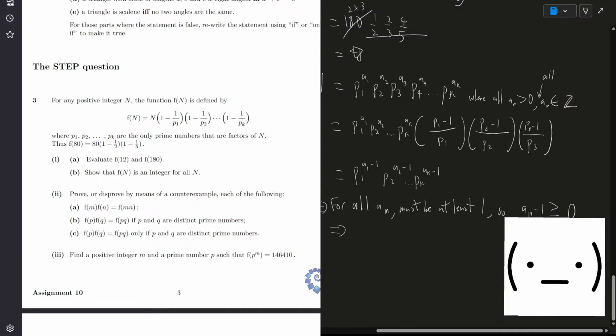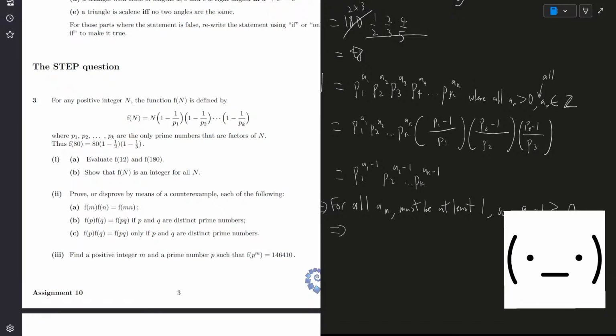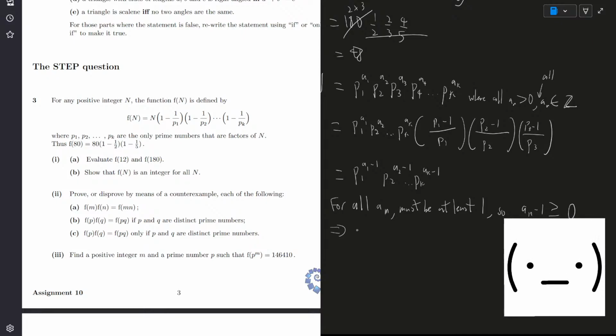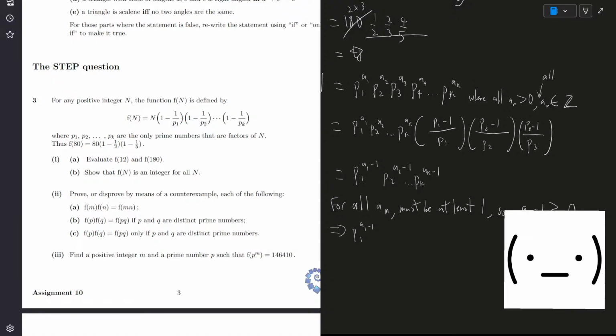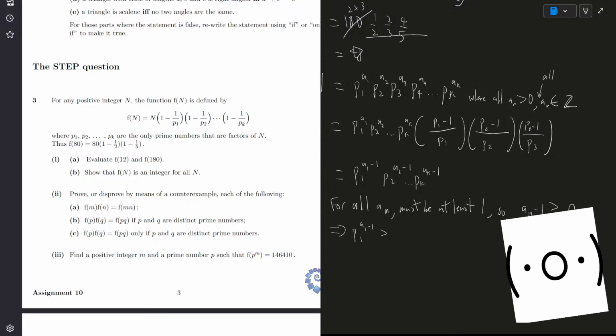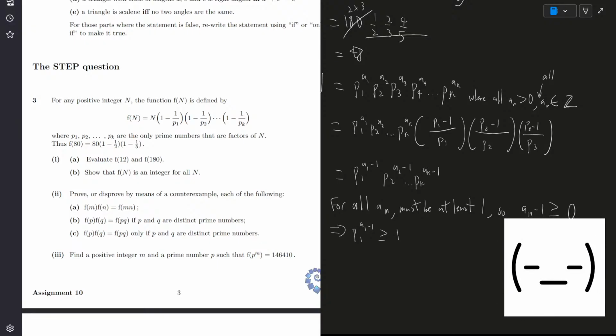Therefore, this must be bigger or equal to 1.